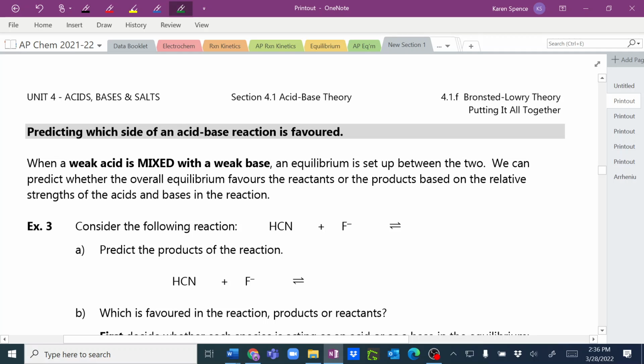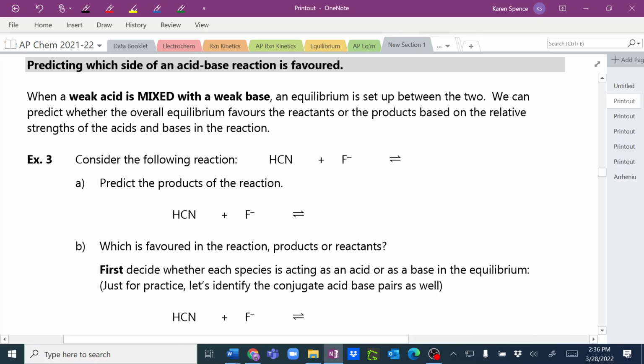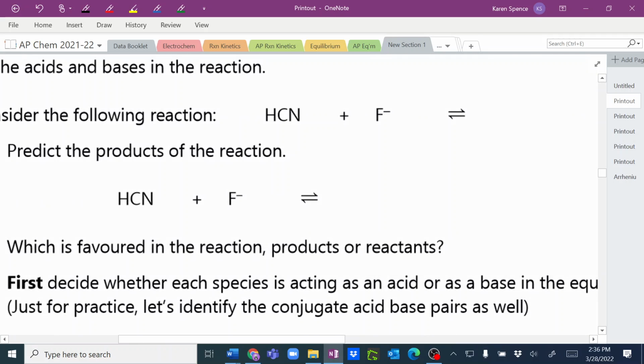So if we look at this reaction here, HCN plus F minus, who are the products of that reaction? HF and CN minus.